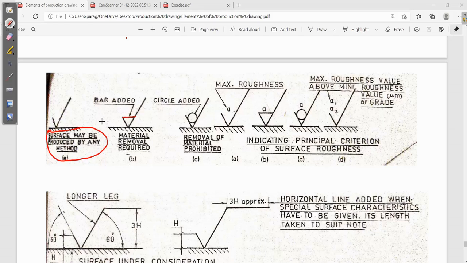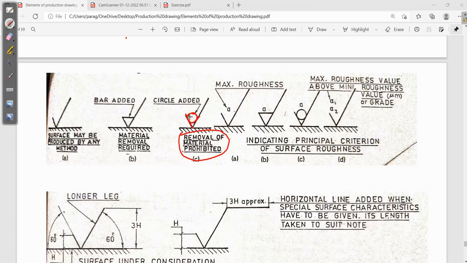So in this case, whenever we are putting that bar, on that particular surface we have to remove material. If material removal is required, we always have to put that bar. Now instead of that bar we can also put this circle. Between these two angles we can put this circle, which means removal of material is prohibited.